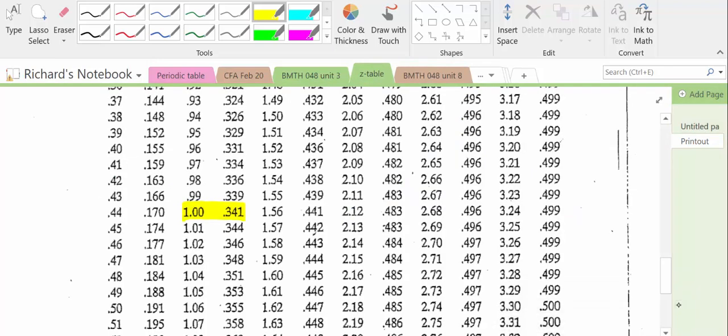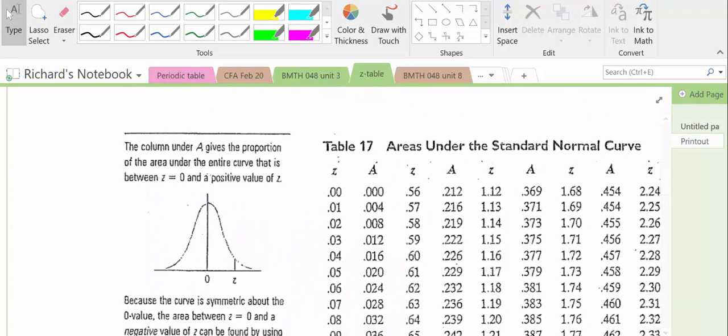So when z is 1, 34.1% of the scores lie between 0 and 1. But this is symmetrical. So if you've got a z-score of minus 1 over here, that means that 34.1% of the scores are between 0 and minus 1. If you've got a z value of plus 1, 34.1% of the values are between z equals 0 and 1.